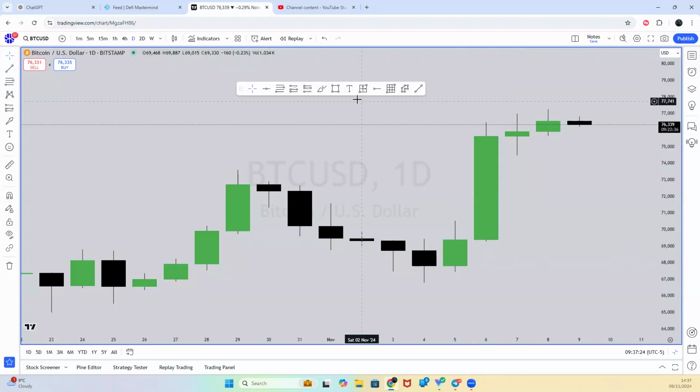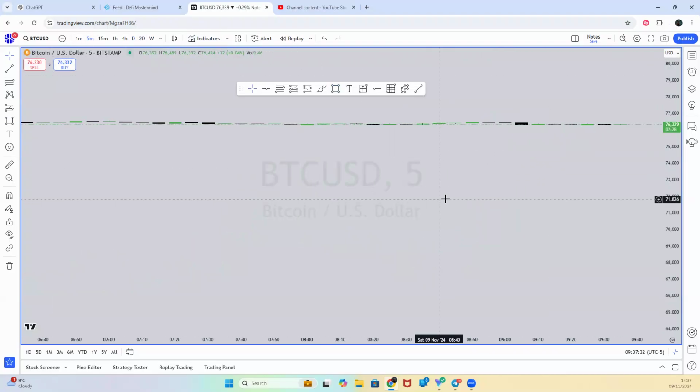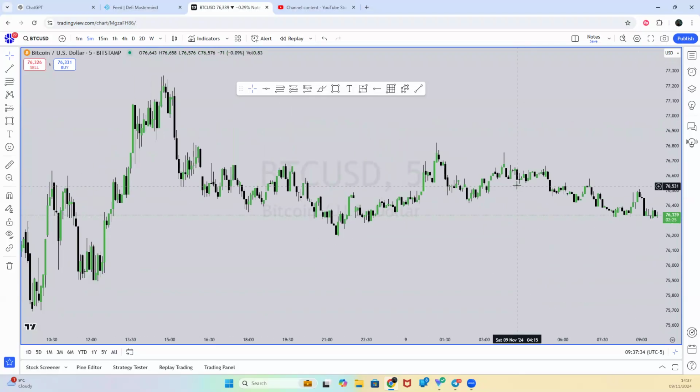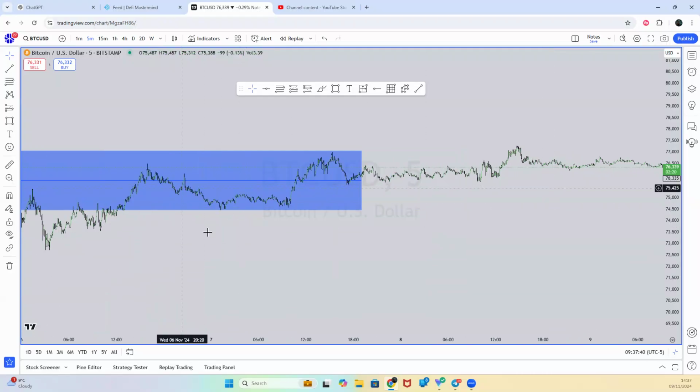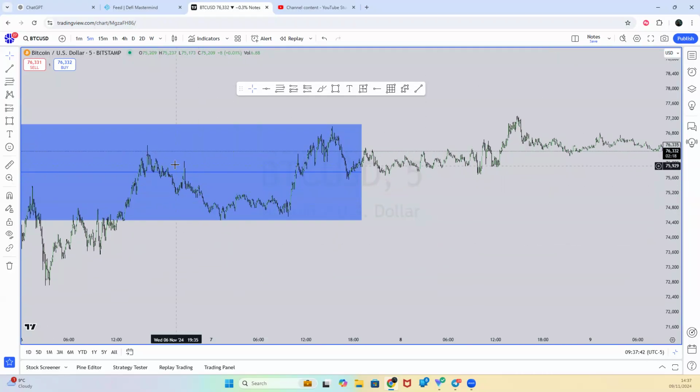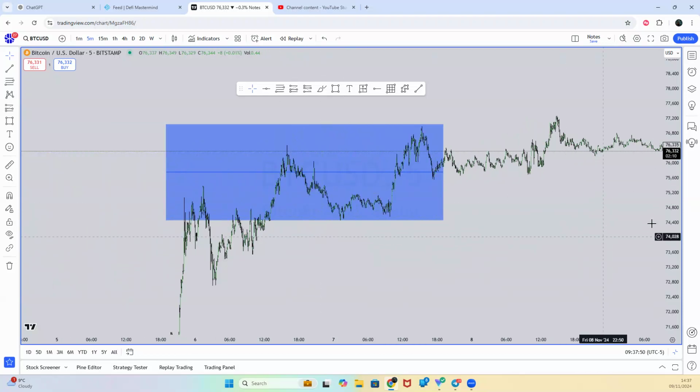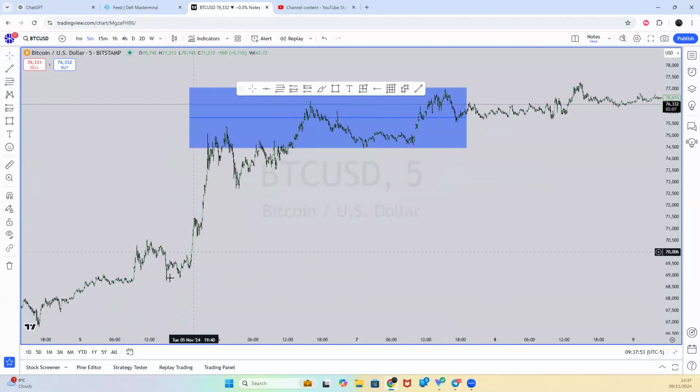If I look at this on a smaller time frame, so let's just look at that on a 5-minute chart, what we're seeing here is that price went down, it went up, and it came back down. So indecisive in comparison to the previous day, which was pretty much all to the upside.